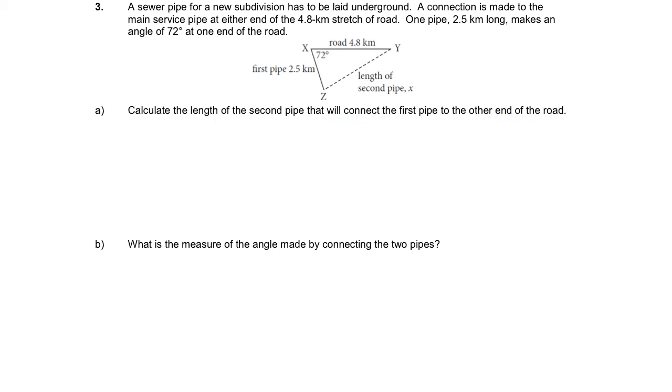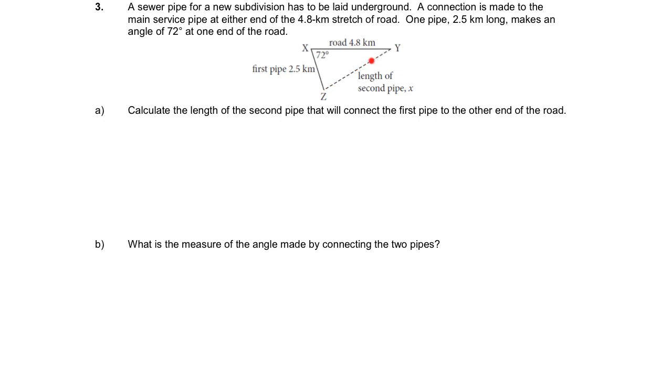So the length of the second pipe is this side of the triangle. So is this a right triangle? No. Do we know an angle and its opposite side? No, because this is the only angle we know, and we don't know its opposite side. So that means we're going to have to use the cosine law here.